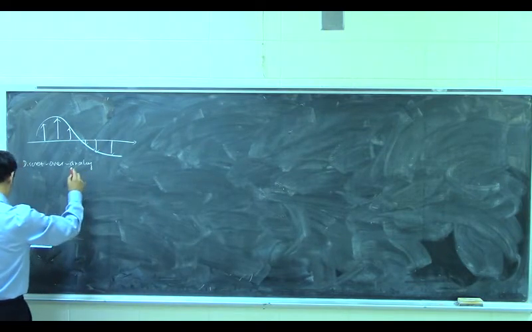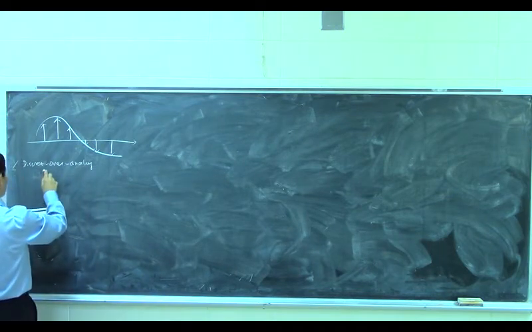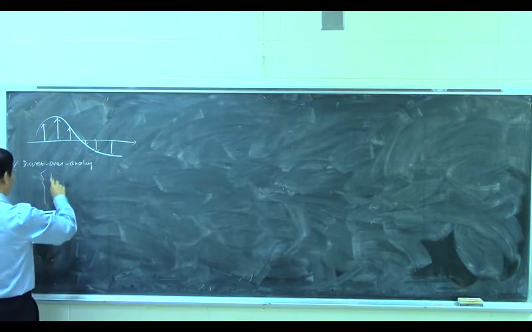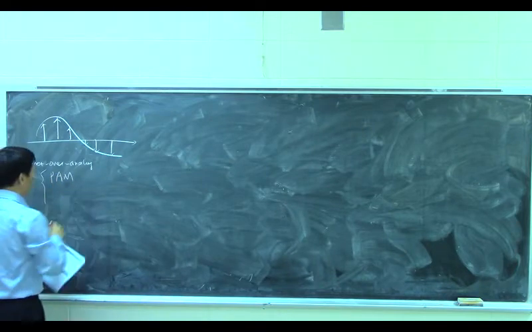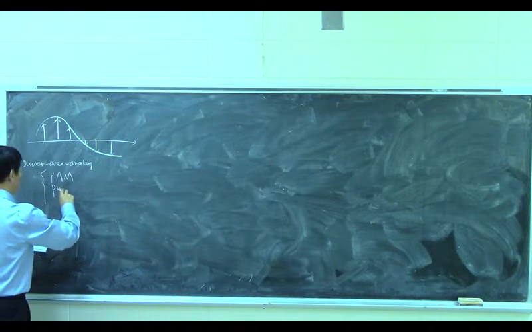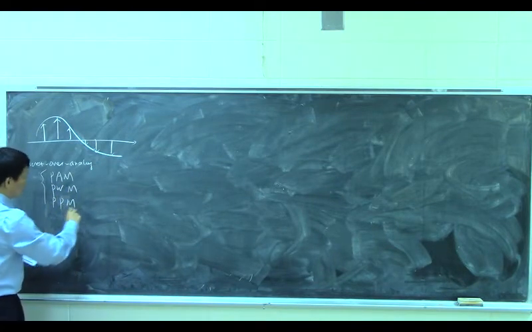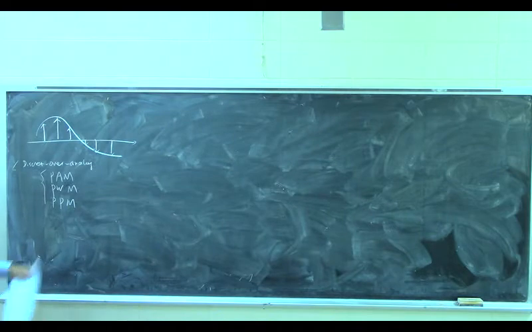In this category, we have basically three methods. The first one is pulse amplitude modulation. The next one is pulse width modulation. And the last one is pulse position modulation. We are going to discuss one by one in detail.